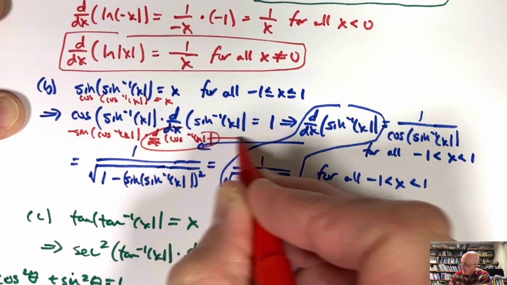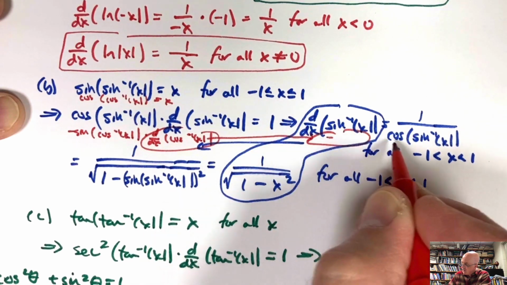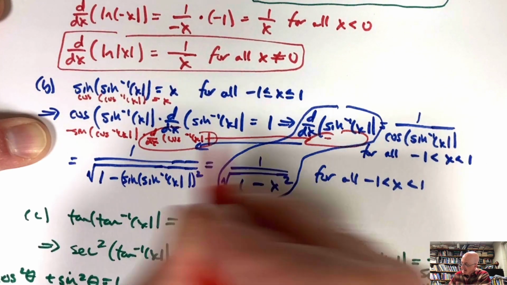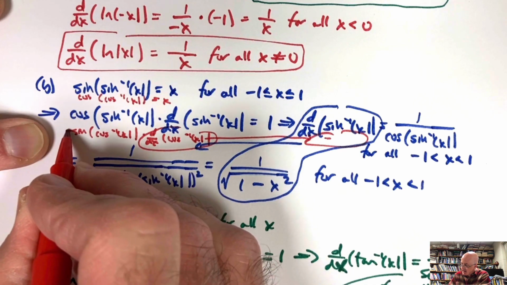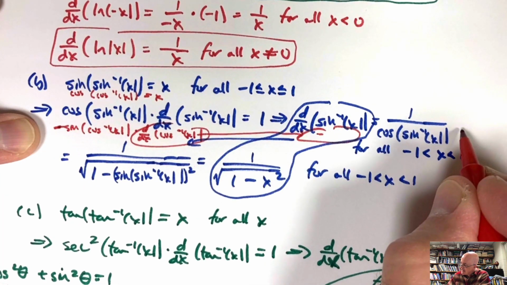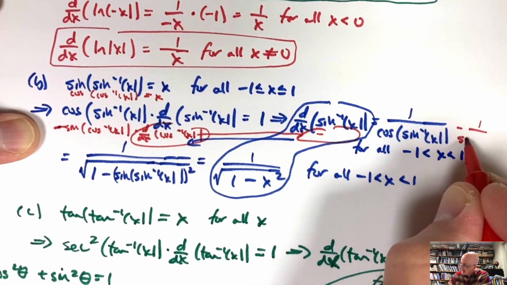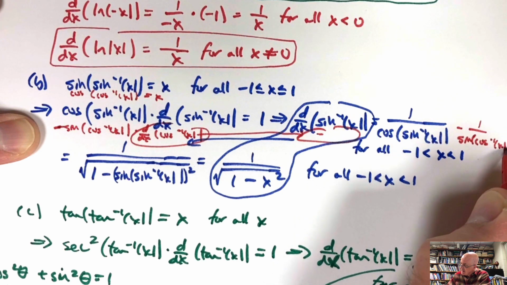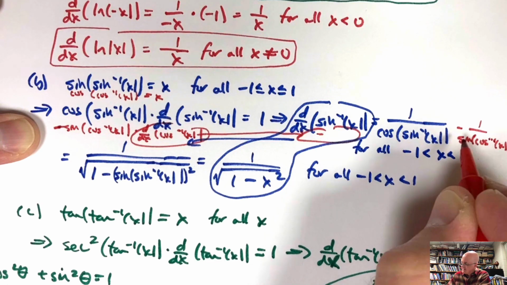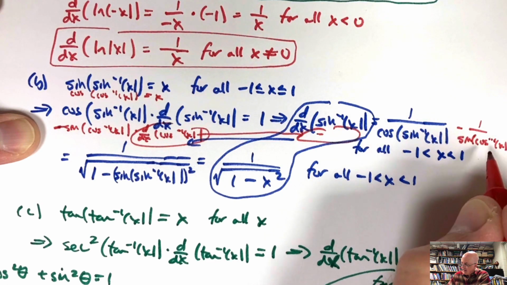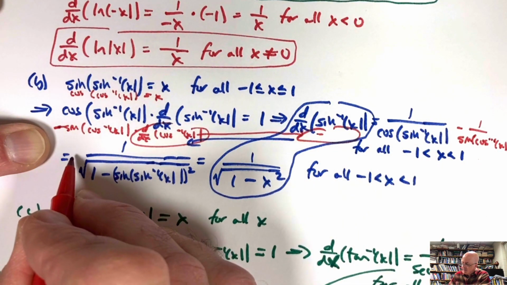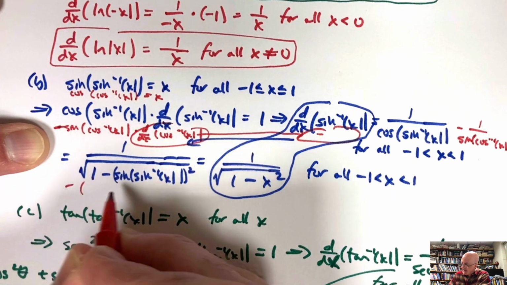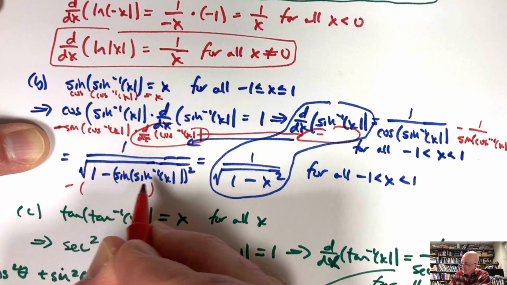We'd solve for the derivative of inverse cosine of x. We'd get 1 over this, which has a negative sign. We can bring the negative sign up in front. We'd get negative 1 over sine of inverse cosine of x. And it turns out you'd get the negative of this kind of thing, except with a cosine and an inverse cosine.